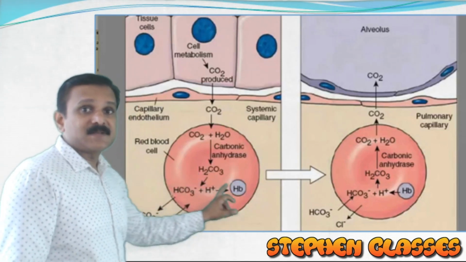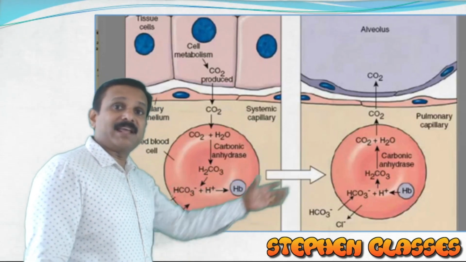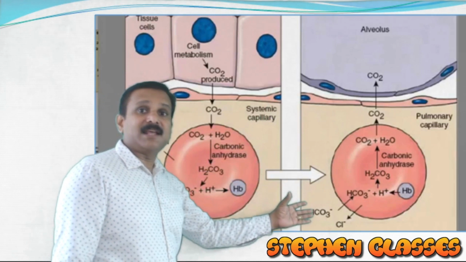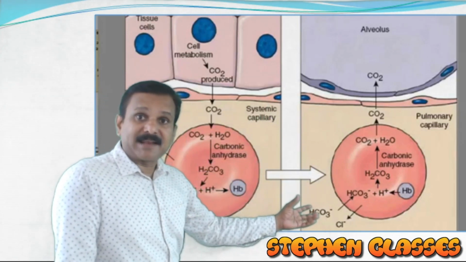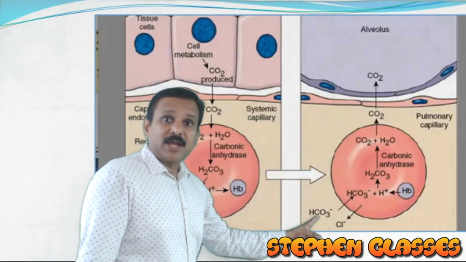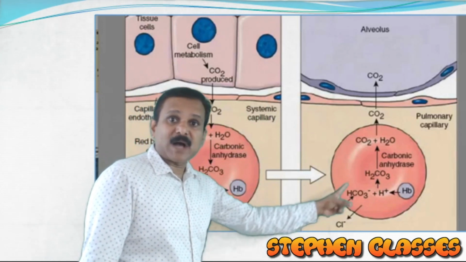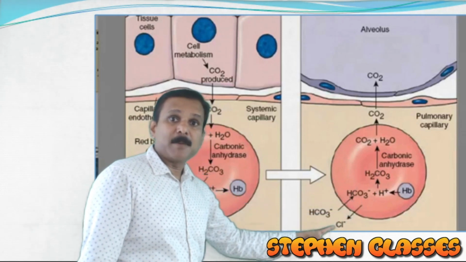Now these RBCs and plasma will reach the alveolar region. In the alveolar region, all these reactions will occur in the reverse manner. Reverse manner means the bicarbonate ion will enter from plasma to RBC, whereas chloride ions will move out from the RBC to plasma.